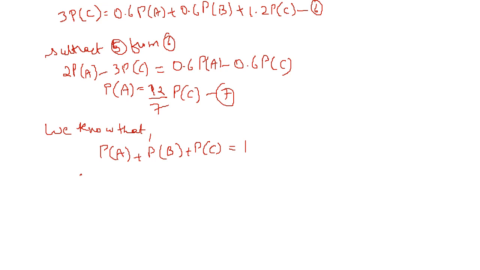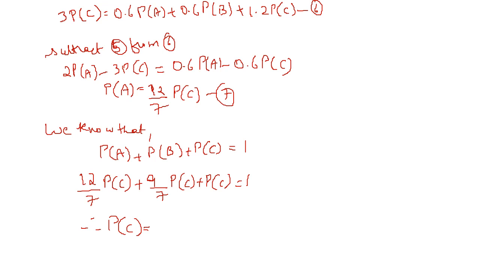P of A in terms of P of C is 12 by 7 times P of C, plus P of B, which is 9 by 7 times P of C, plus P of C, equals 1. Therefore, after simplification, P of C is equal to 1 by 4.